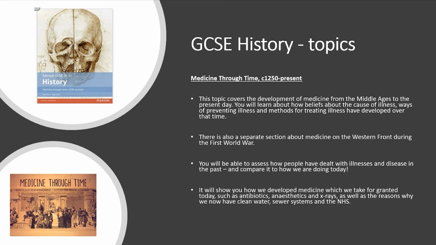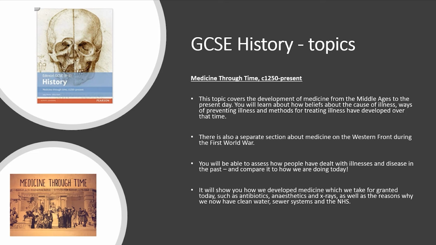Okay, so obviously we're looking at a longer period of time, therefore we're not looking at everything in quite so much depth. We'll be picking out key information about how medicine has developed over that time. So starting in the Middle Ages, looking at things like the Black Death, coming all the way through to medicine in the modern era.